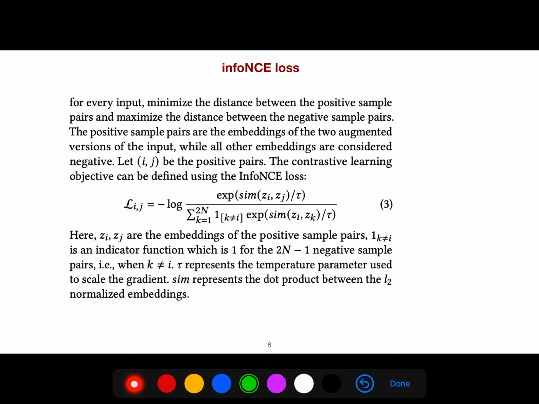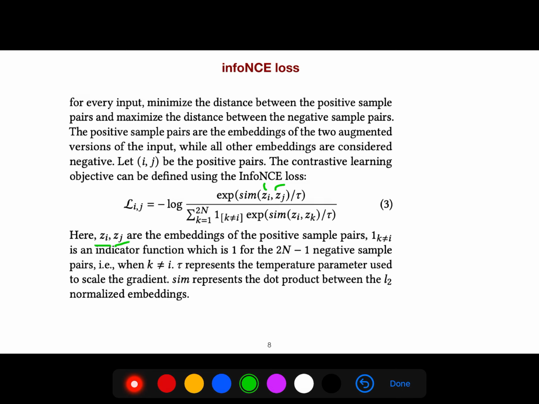The positive sample pairs are the embeddings of two augmented versions of the input, while the other embeddings are negative. The i and j are the positive pairs. We want to encourage and promote these positive pairs, and the contrastive learning objective can be defined using the InfoNCE loss.